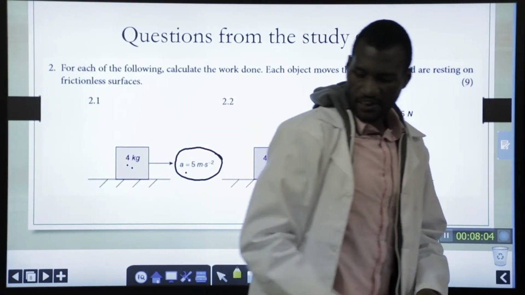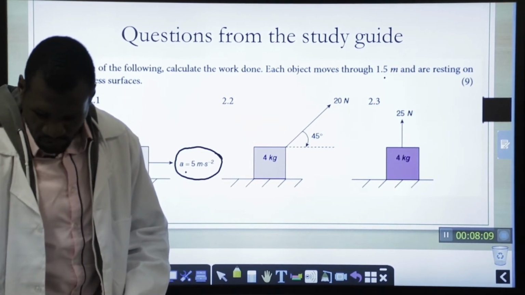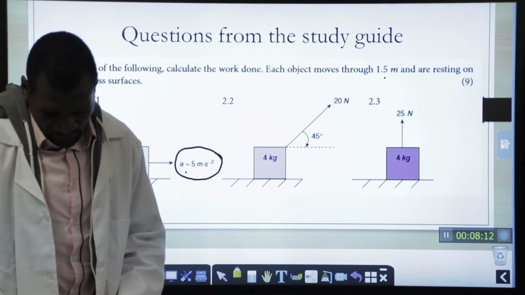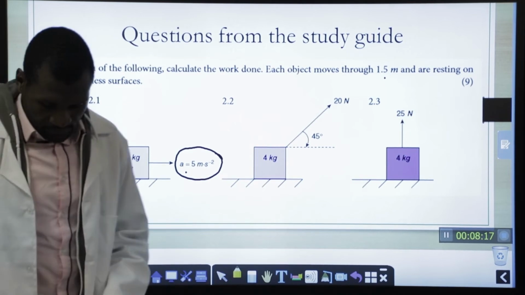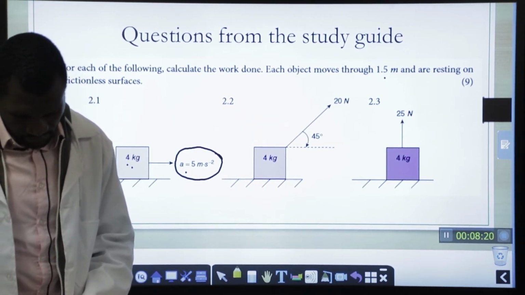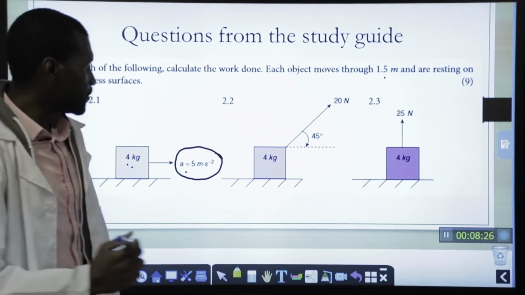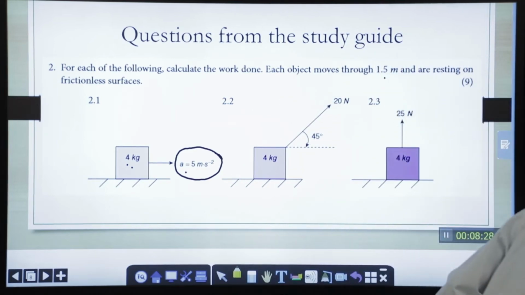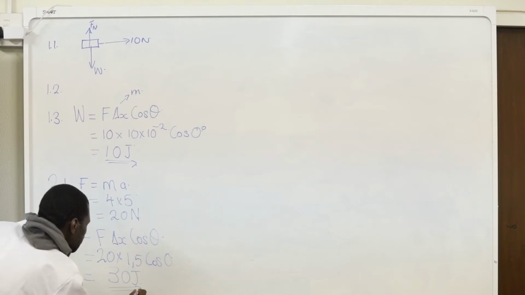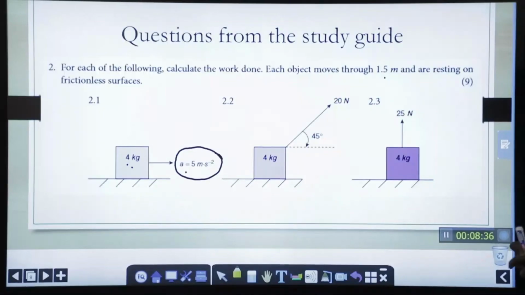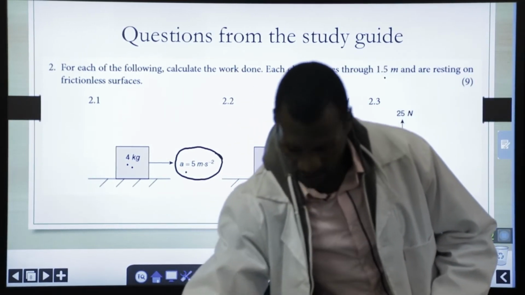All right, so 20 multiplied by 1.5, pull out your calculator, very simple question, times cos 0 degrees, that should give you 30 joules. Okay, so that question is done. Question 2.2. Let's move on.